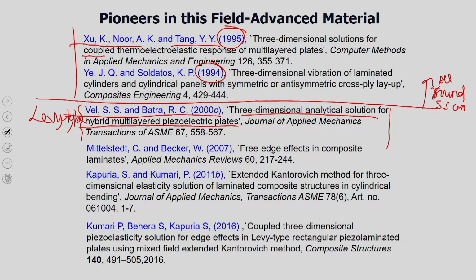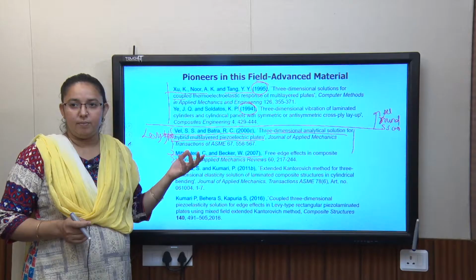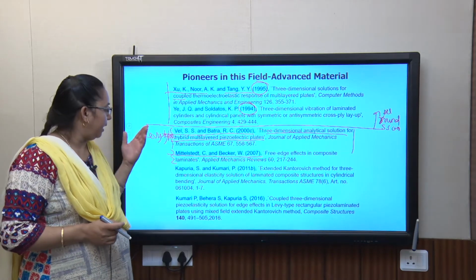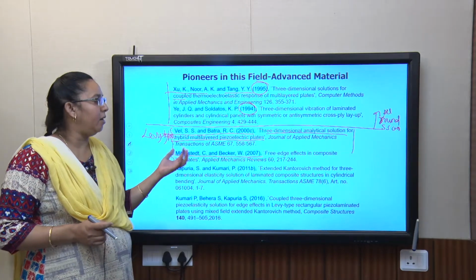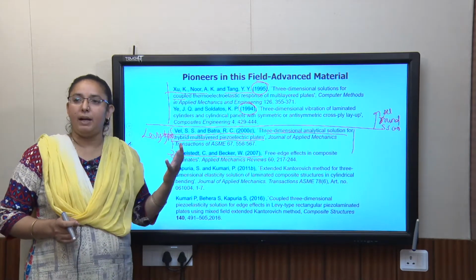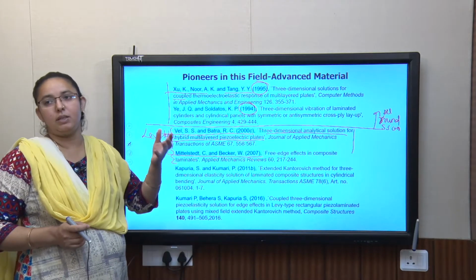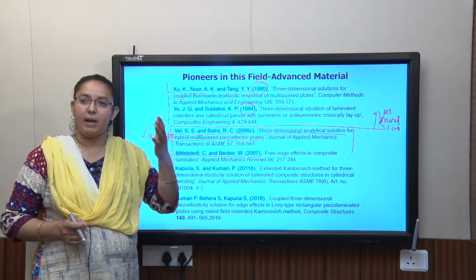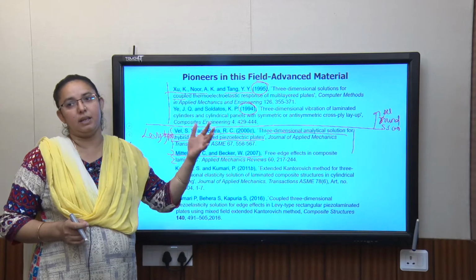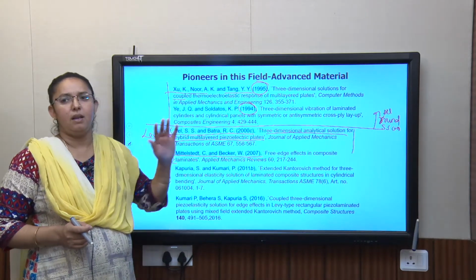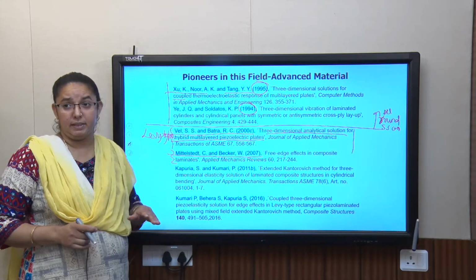You see that, and this is the very famous review article, and they have done a very nice literature review and found that people have tried to study the free edge effects using different classical theories, finite element, numerical analysis, approximate analysis and different types of combinations.